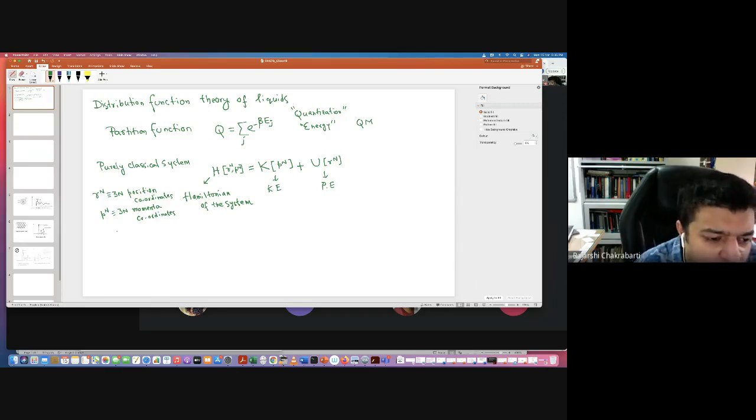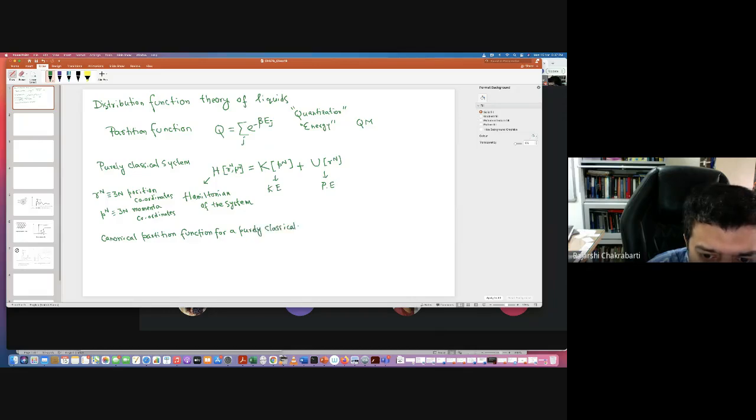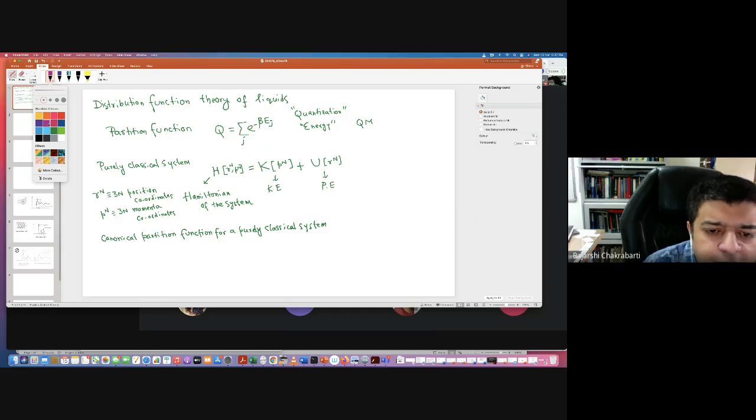Okay. So now if you are asked to write down the classical canonical partition function for a purely classical system. The Hamiltonian is given, no?